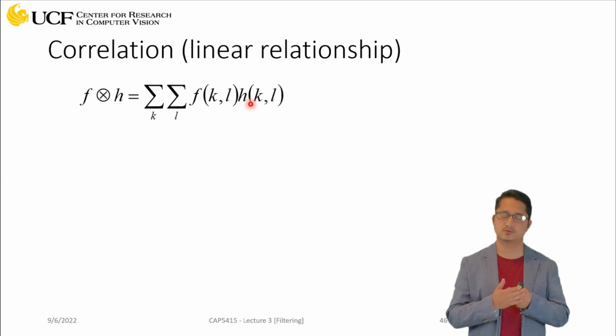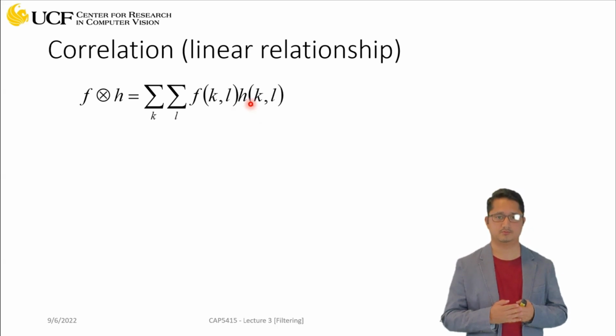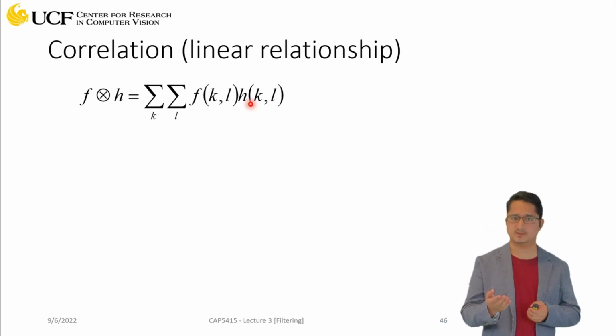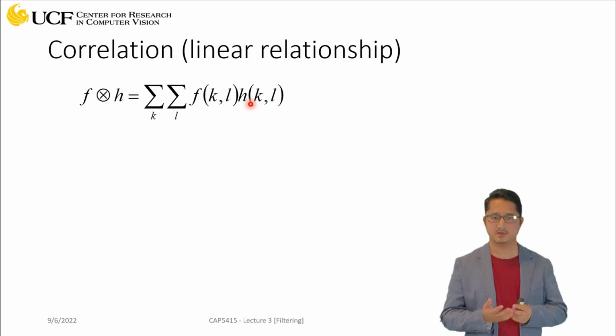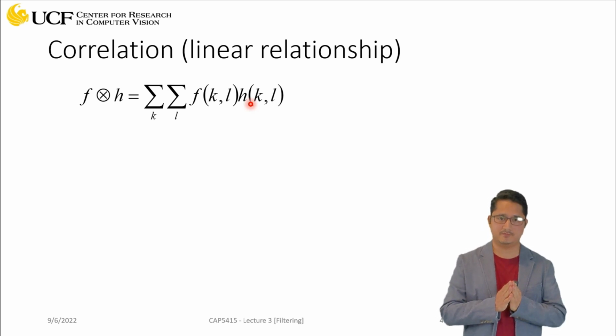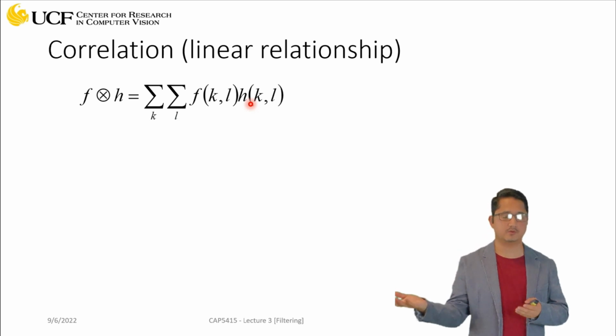Correlation is used to find out if two different functions are similar or not. You have seen this in the first lecture when we were trying to perform object detection using pattern matching. If the patterns match, then we get a very high response, which means the correlation is very high. So this is directly coming from statistics.